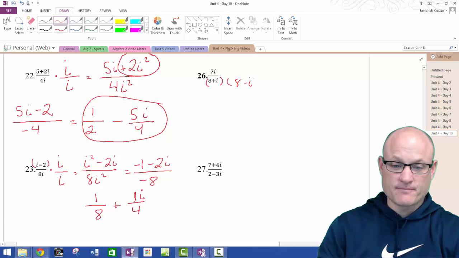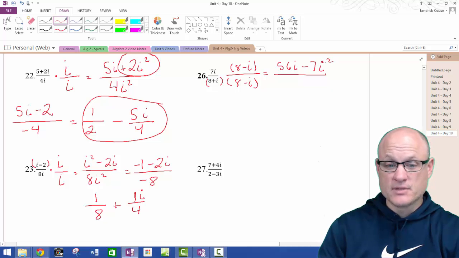8 minus i. So we'll distribute in the top. We get 56i minus 7i squared. The denominator, again, we're going to be doing beginnings, which is 64, and then it's minus i squared.